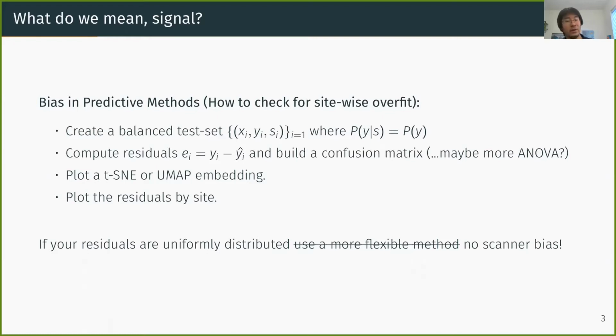You don't have to. You could also plot embeddings, so t-SNE or UMAP, and then color them by site and see divergences there. And you could also plot the residuals by site. This is similar to the confusion matrix. All of these methods will likely show you that if you do a naive method and you actually have site-wise variance, that you will fit to it.